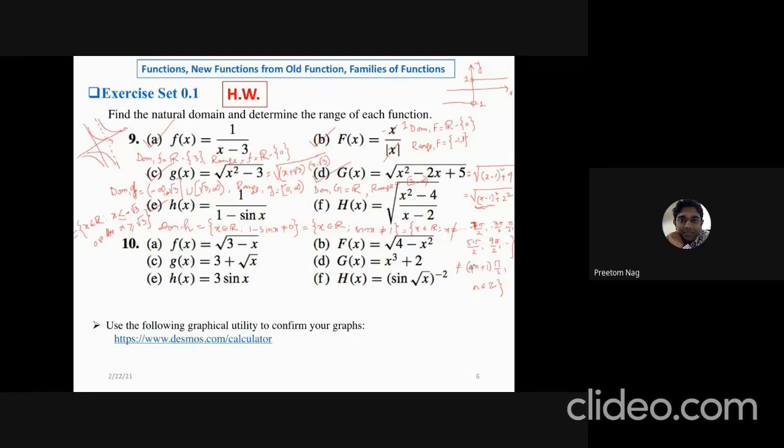Sorry, 4n plus 1, not 2n plus 1. I'm sorry. This should be 4n plus 1 pi by 2. If n equals to 0, that will be pi by 2. If n equals to 1, that will be 5 pi by 2. If n equals to 2, then 9 pi by 2. If n equals to minus 1, then minus 3 pi by 2. If n equals to minus 2, then minus 7 pi by 2, right? Yes. Okay. It should be 4n plus 1, not 2n plus 1.